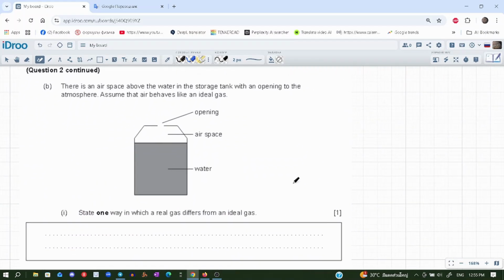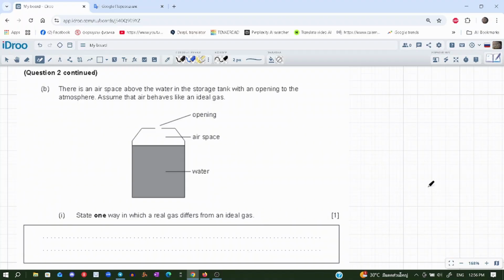There is an airspace above the water in the storage tank with an opening to the atmosphere. Assume that air behaves like an ideal gas. State one way in which a real gas differs from an ideal gas. We know that in real gases, molecules interact with each other and collide against each other in a not absolutely elastic way, right?